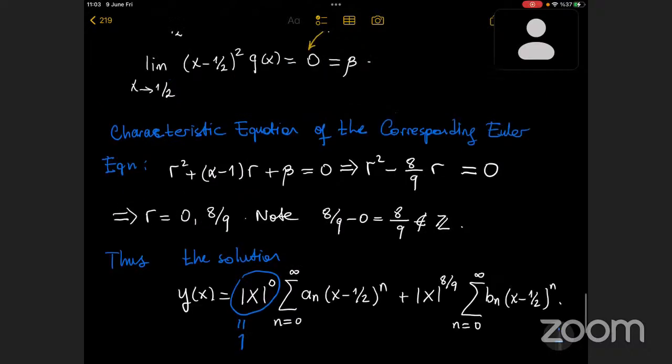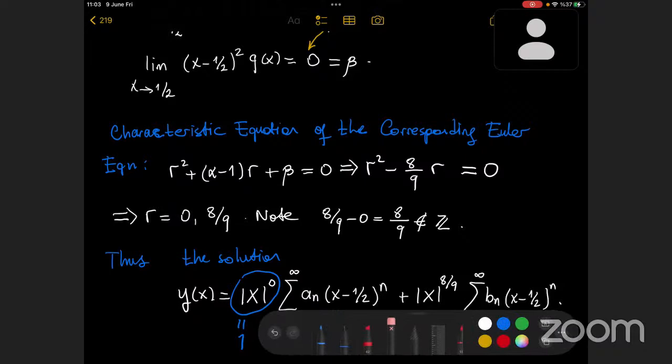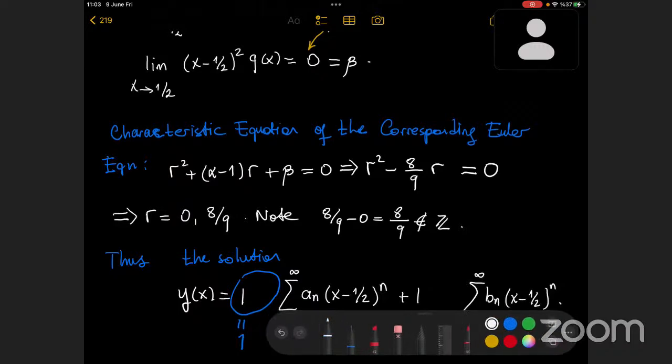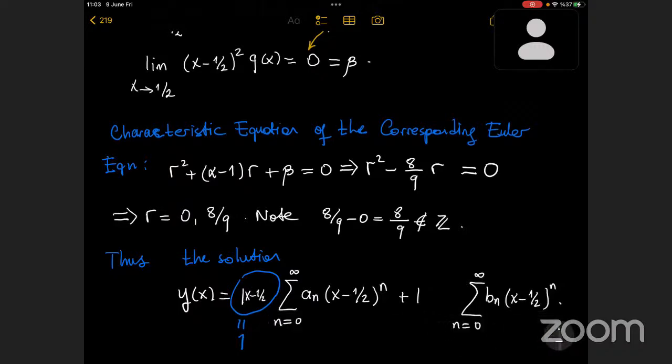Var mı soru bununla ilgili? Hocam o baştaki x to the 0 olan kısım x eksi 1 bölü 2 to the 0 olması gerekmiyor mu? Ha, pardon. Çok haklısın. Şu da öyle. (x minus 1 over 2) to the 0, which is again 1.